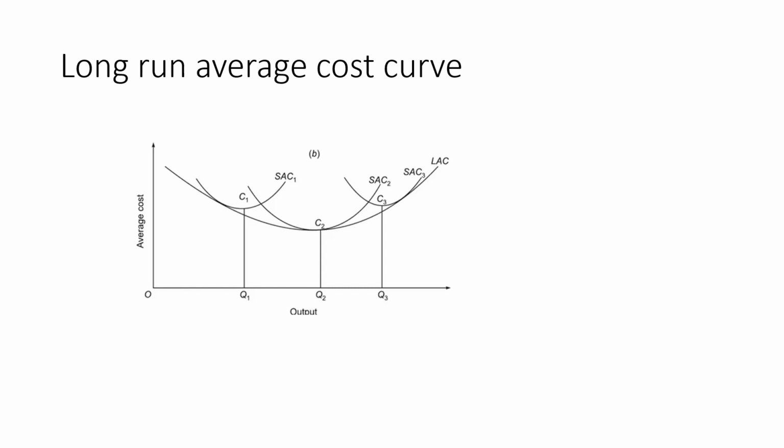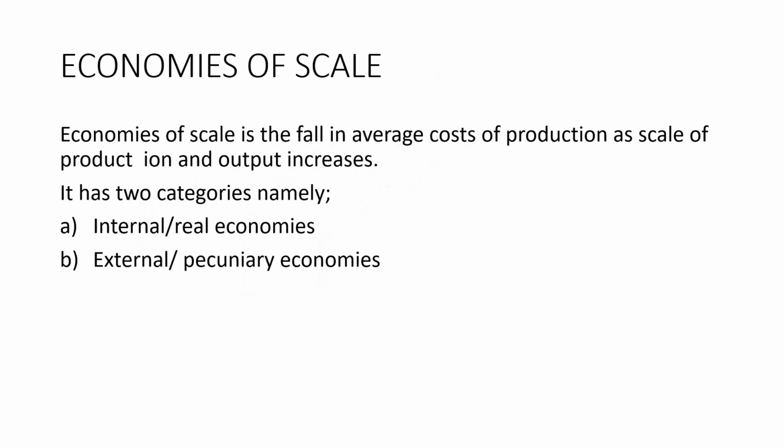And when the long run average cost curve is increasing, that is, the average costs are increasing with more output, we shall have the diseconomies of scale. The average cost is increasing.